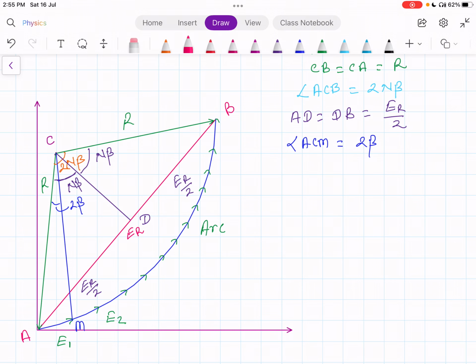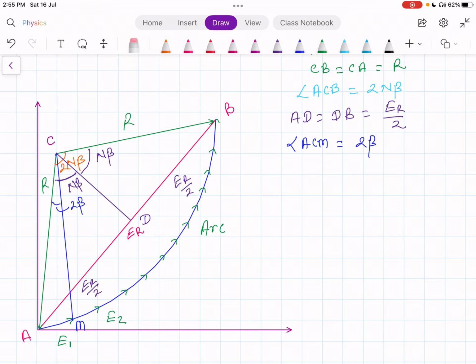One more line will divide this E1 into two parts. Let us say that point is O. So AO is equal to OM, and that is equal to E1 by 2. And this angle is equal to beta.